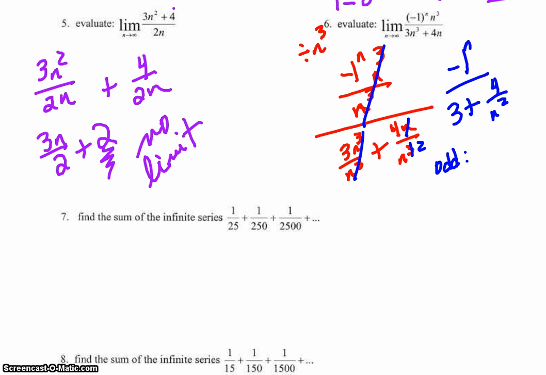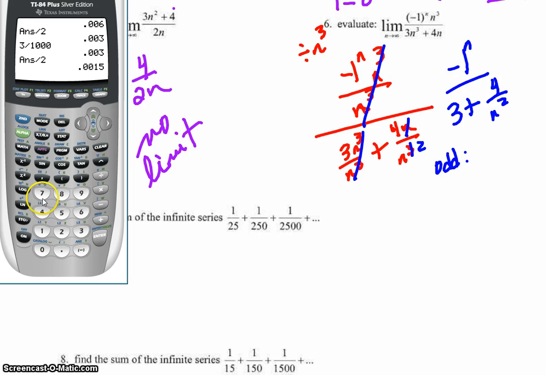If you tried 100 in there, open -1, close, rooftop 100, enter, divided by, open 3 plus, open 4 divided by 100 squared, close, close, you get 0.3333.